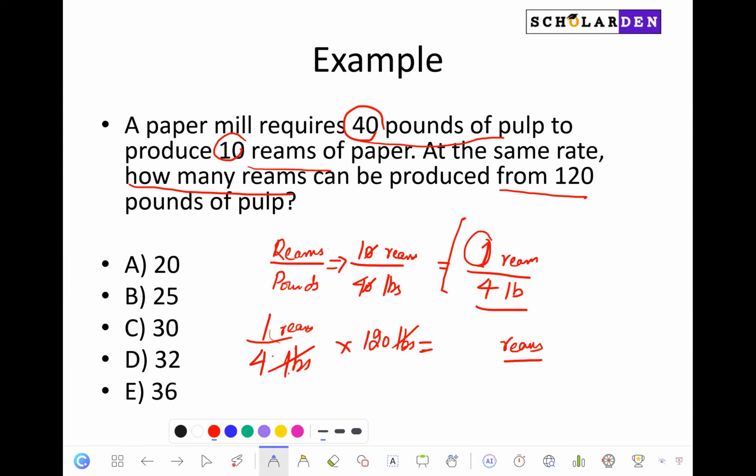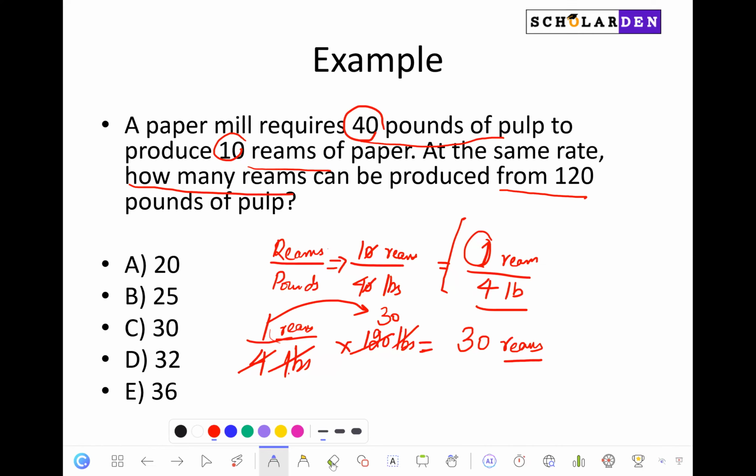Then if we simplify, 4 times 30 is 120, so we get 30 reams. You multiply the constants, 1 times 30, and the unit stays consistent. So you get 30 reams.